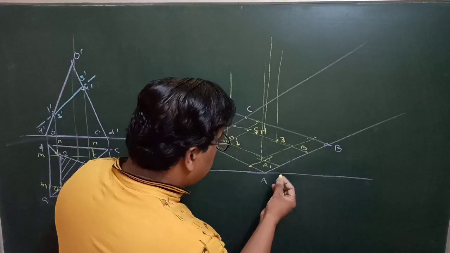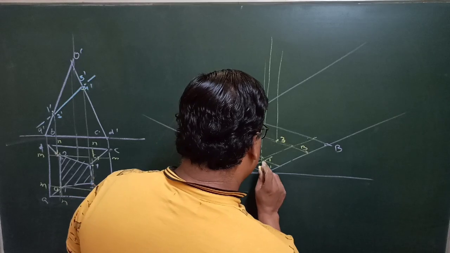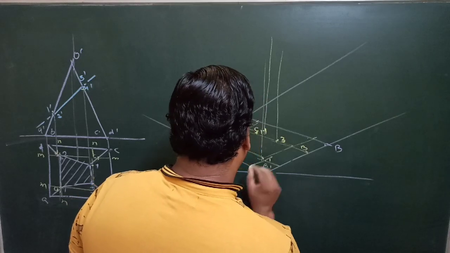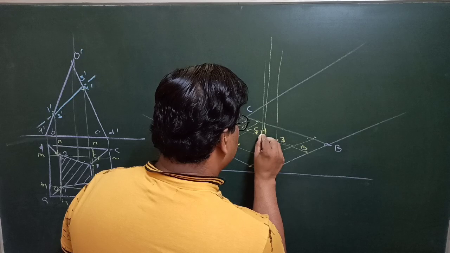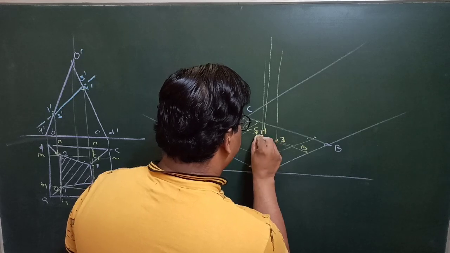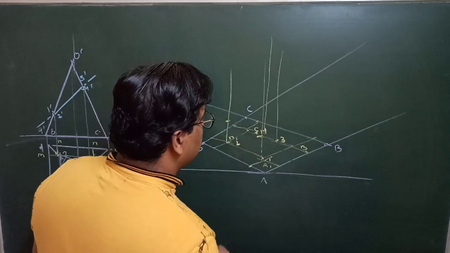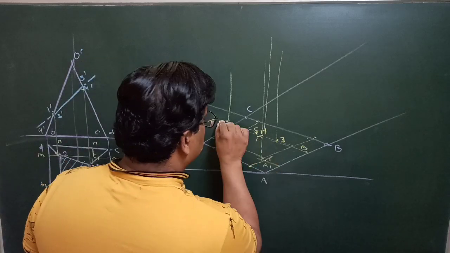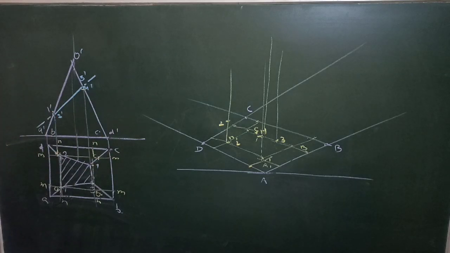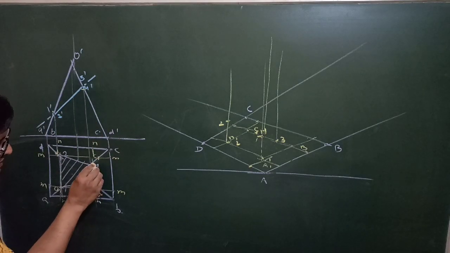So here the point 1, line 1 is this one. So say 1 point cut here, another point cut here. So these 2 points are obtained. This is 1, this is, say, 2. Then we have to take distance of 3 and 4.